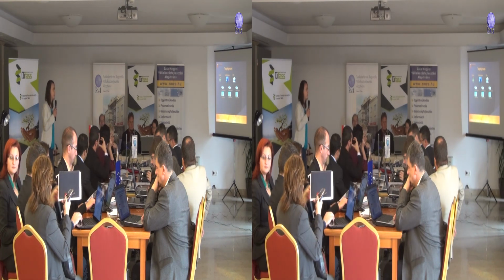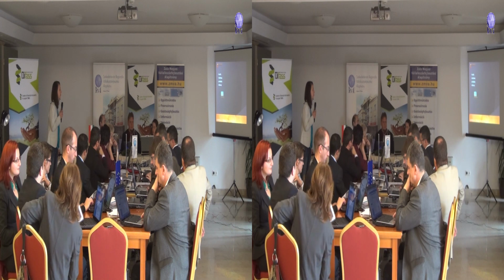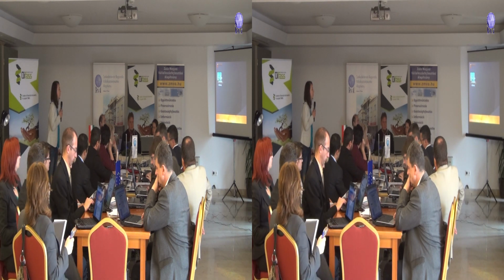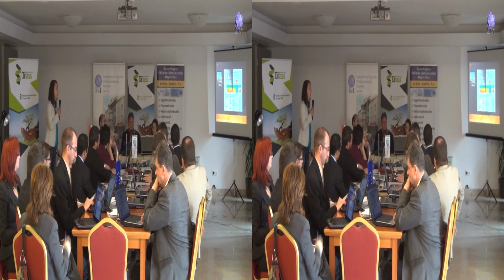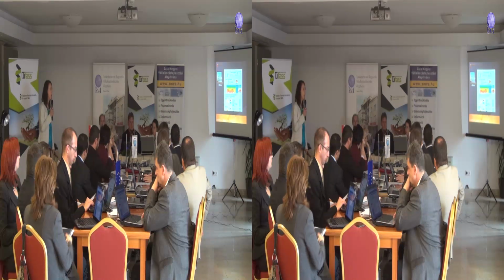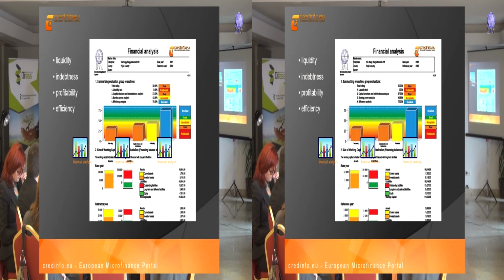Financial analysis is a part of the application as well. The companies have to enter some basic data according to the balance sheet of the last financial year, and the system analyzes four indicators: the liquidity, indebtedness, profitability, and efficiency indicators of the company.